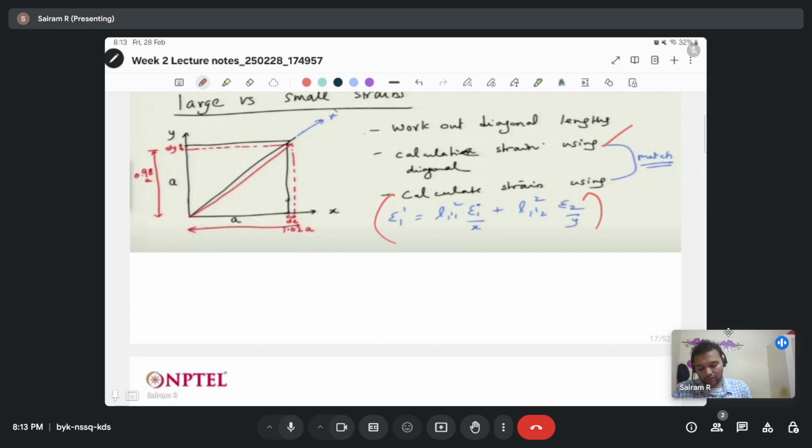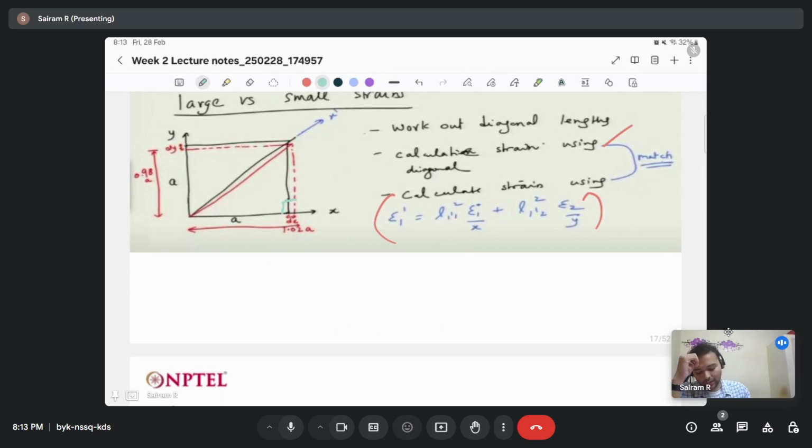So we know this still subtends a 90-degree angle to the x-axis. Initially, if this were a and a, we know that the angle subtended between the diagonal x prime and the x-axis is 45 degrees.